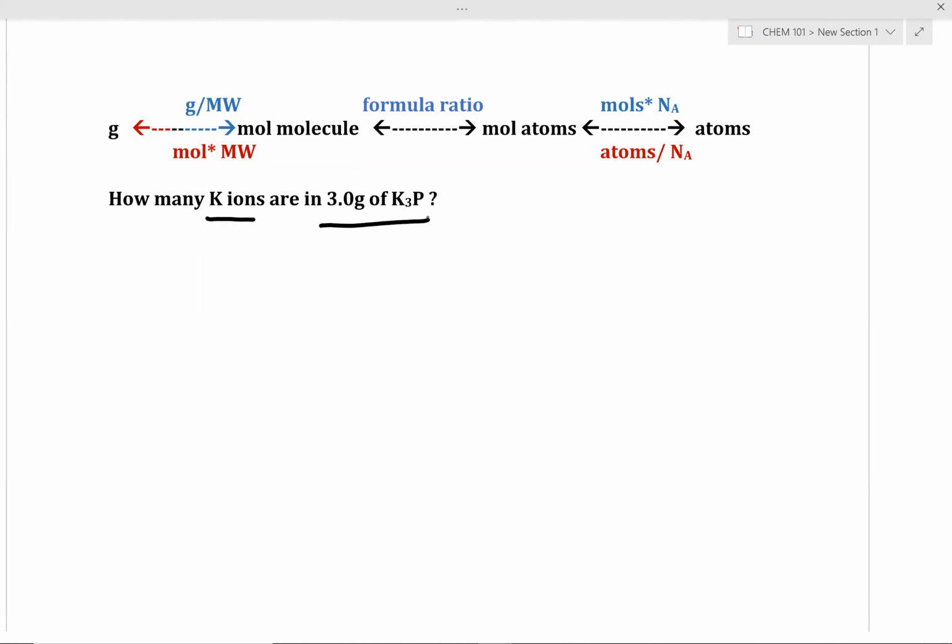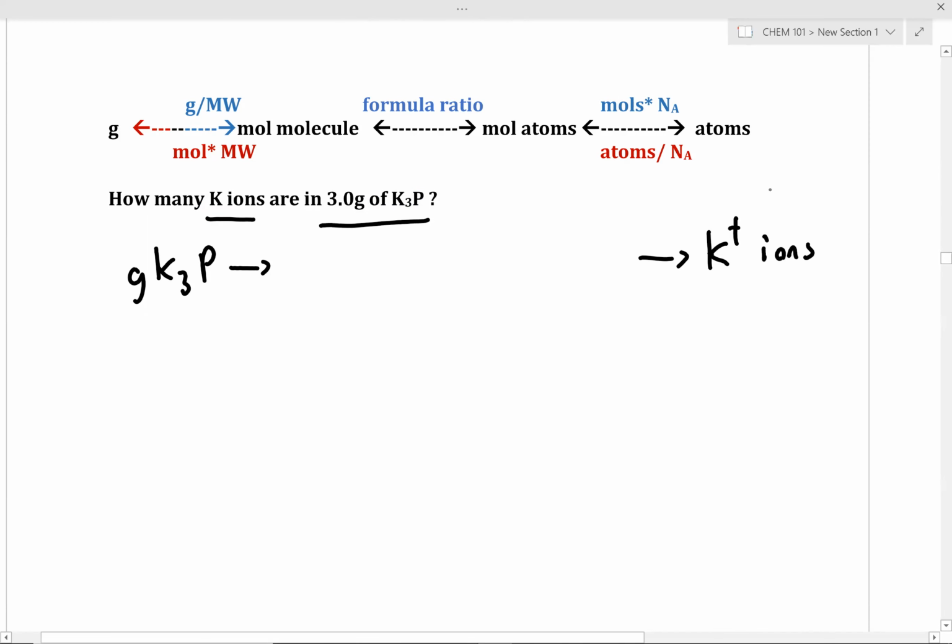So to highlight our solution map here, we are given the grams of potassium phosphide. And what are we being asked for in this problem? What are we asked to report? The number of ions, so particles, so K plus ions, which you can think of similar to the idea of K plus atoms.